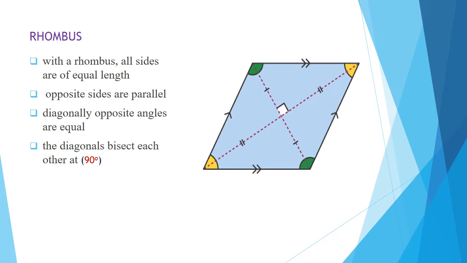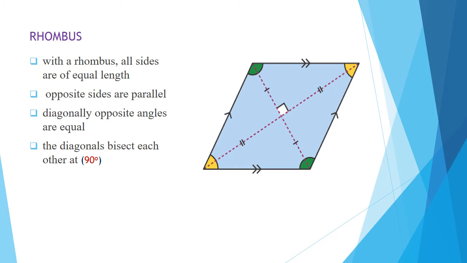Now with this one also, the diagonals bisect each other at 90 degrees. So when the diagonals cross, the purple dashes over there, that's the diagonal. When they bisect each other, they form an angle of 90 degrees. The two short dashes and the single short dash indicate that the diagonals may not be of the same length like they are in squares.